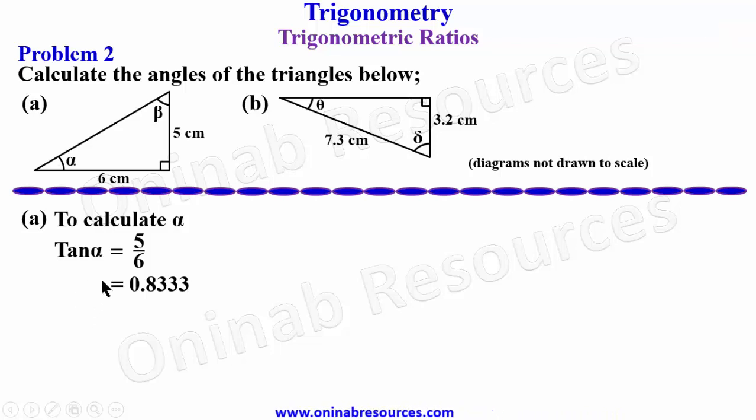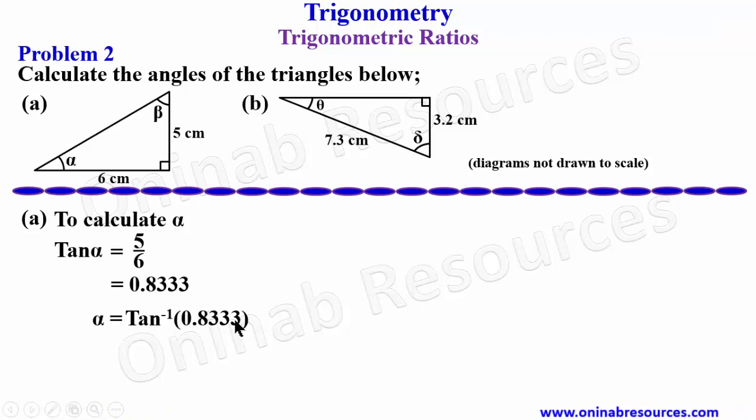Then we find our alpha. You either use a calculator or mathematical tables. So we now have alpha to be 39.80 degrees to 2 decimal places. So for A, we are done with the alpha.